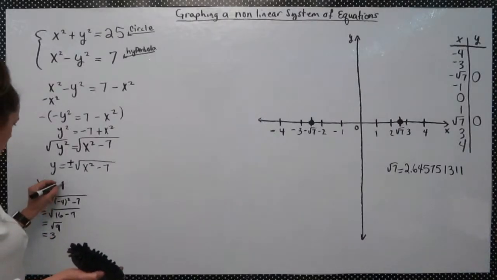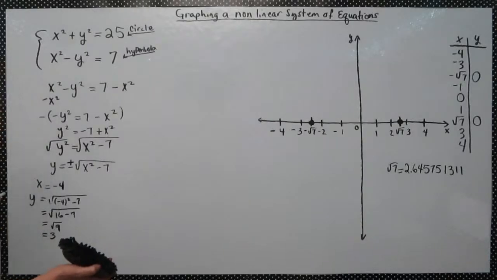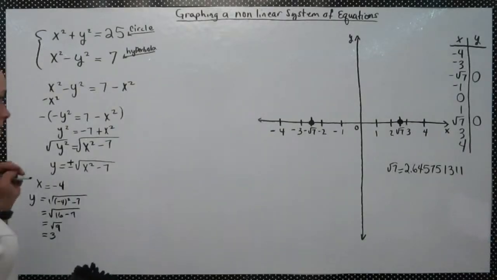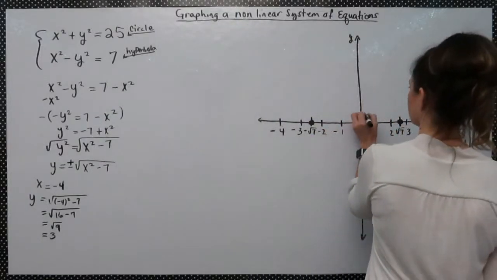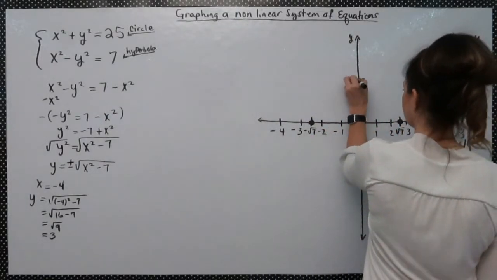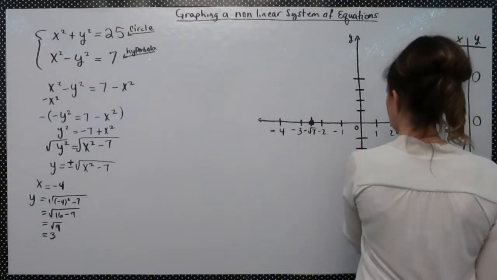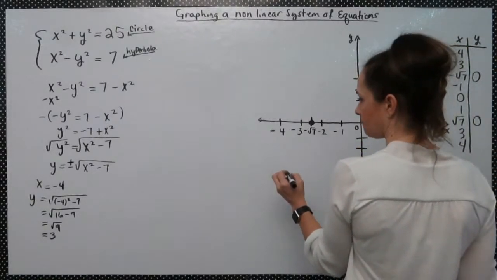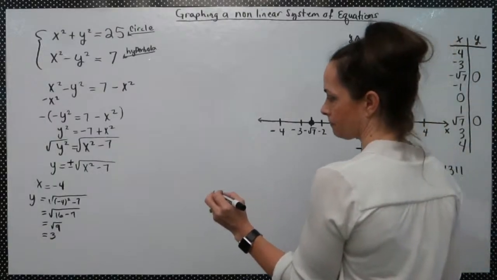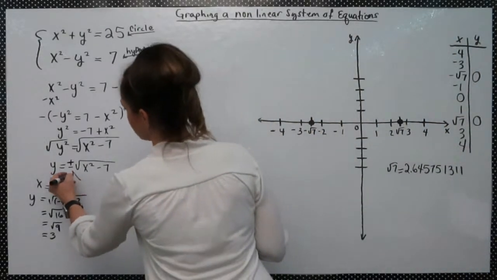So at -4, I have plus or minus 3, I think. That's what that means. So at 4, I have a value at 3 because it's a plus or minus.